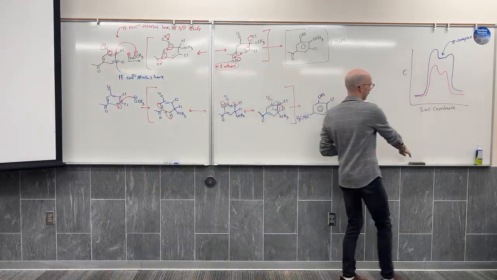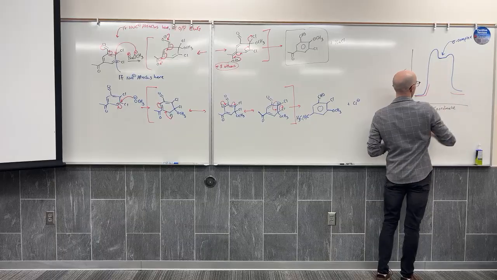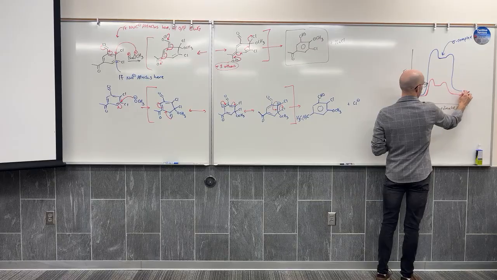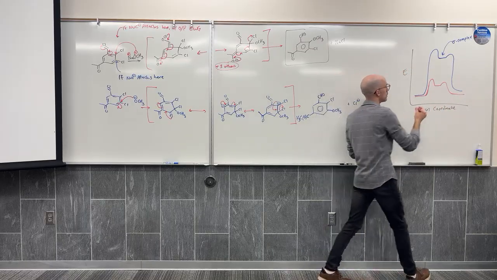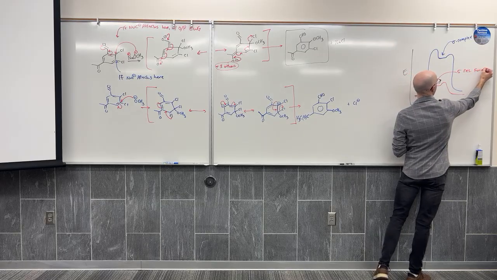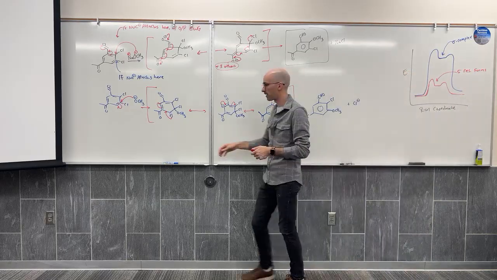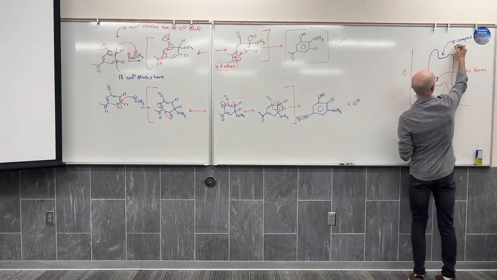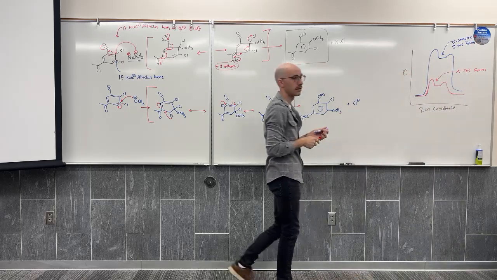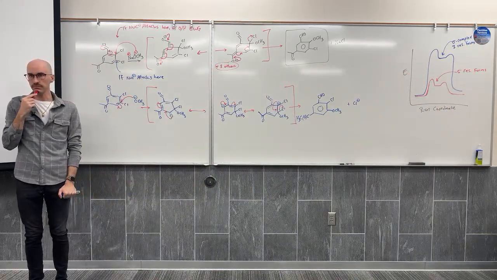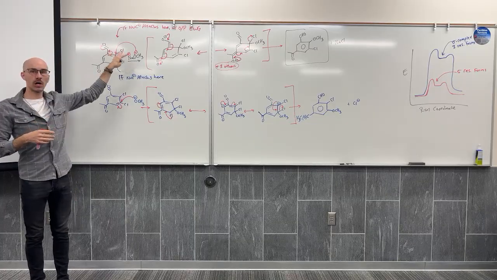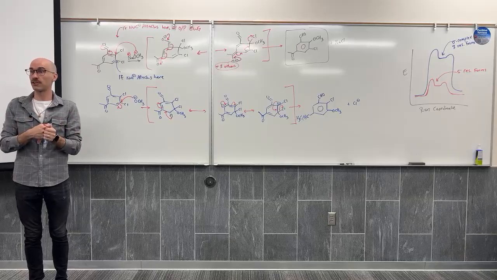And to be honest, I don't think that this really does the difference in energy justice. Three resonance forms in blue, 5 resonance forms in red. So as you start giving energy to this system, you give energy to the molecules, you get them moving around and running into each other.